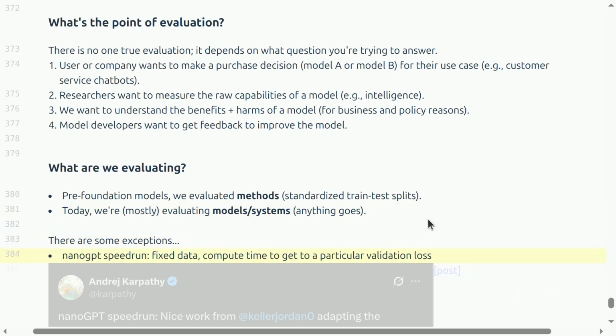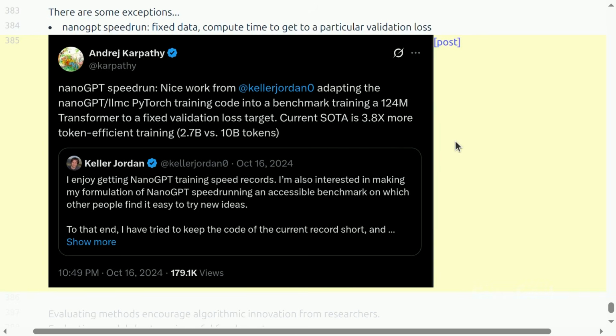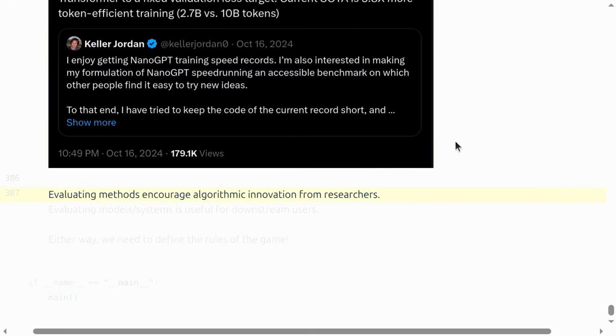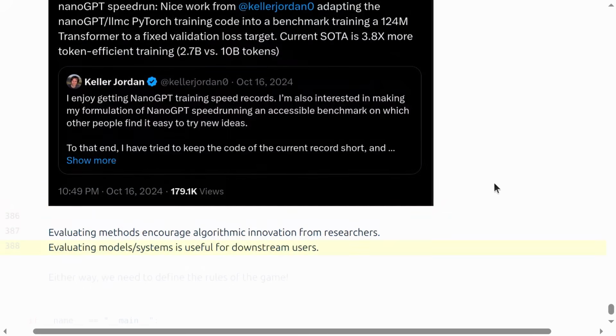There are some exceptions. The NanoGPT speedrun is deliberately a way to evaluate an algorithm, in particular how fast you can train a model. But most of language model evaluation is about evaluating the actual end model, which is useful because that is the thing that is actually going to get shipped and people are going to use.